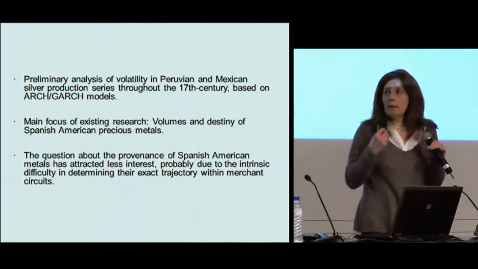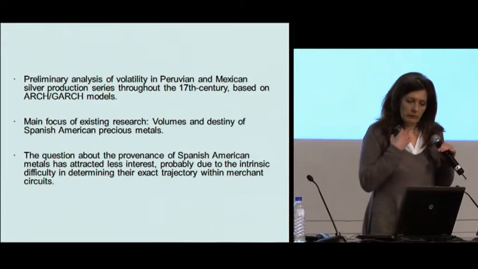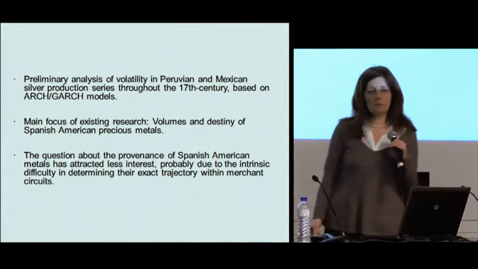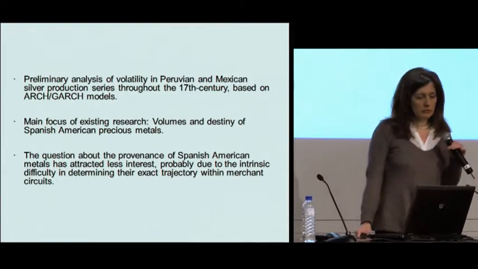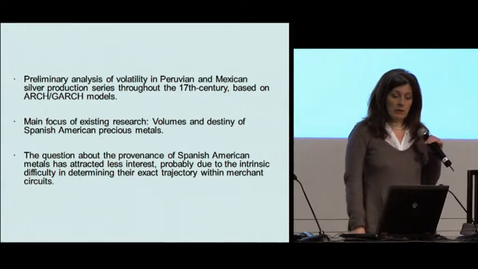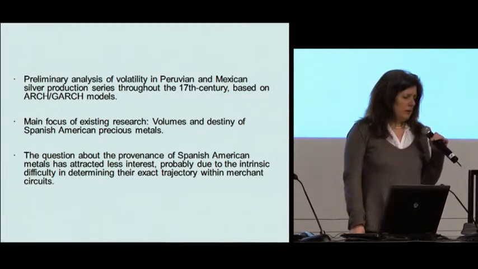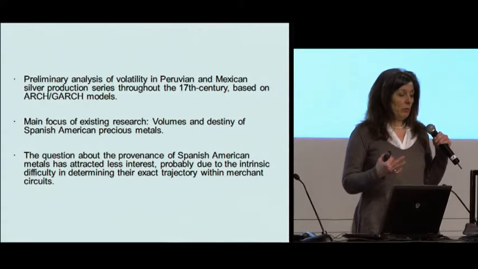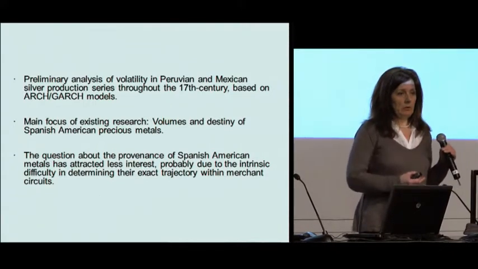My point of departure was the following: the works that have been done on precious metals production, of silver in particular in Spanish America, focus mostly on the volumes that were produced and where they were shipped, right?